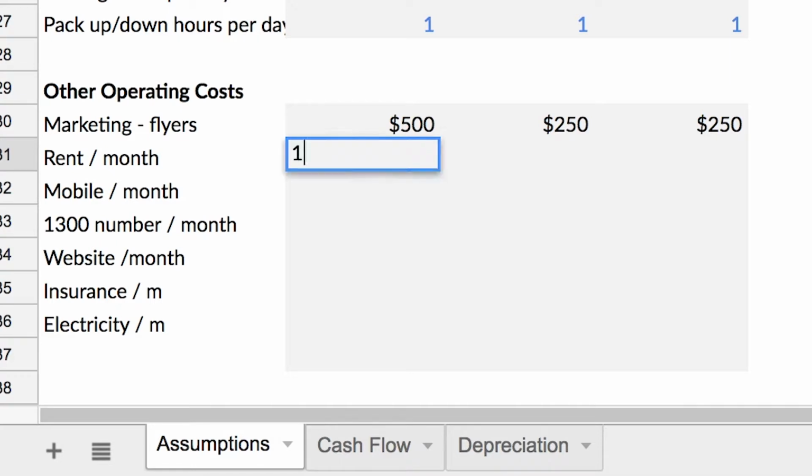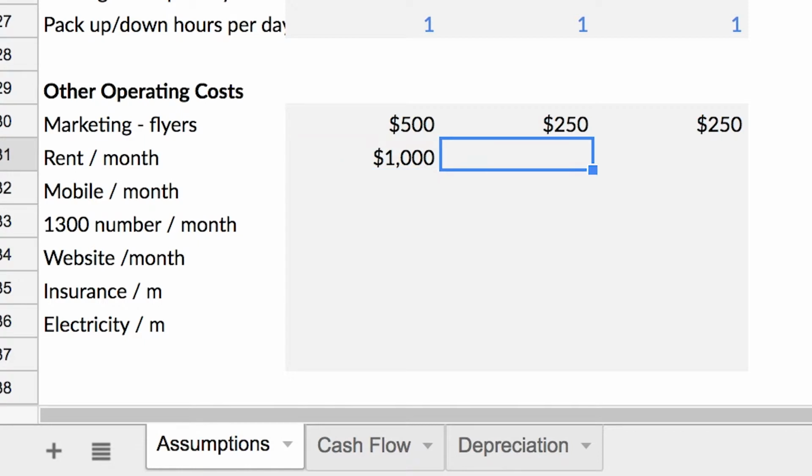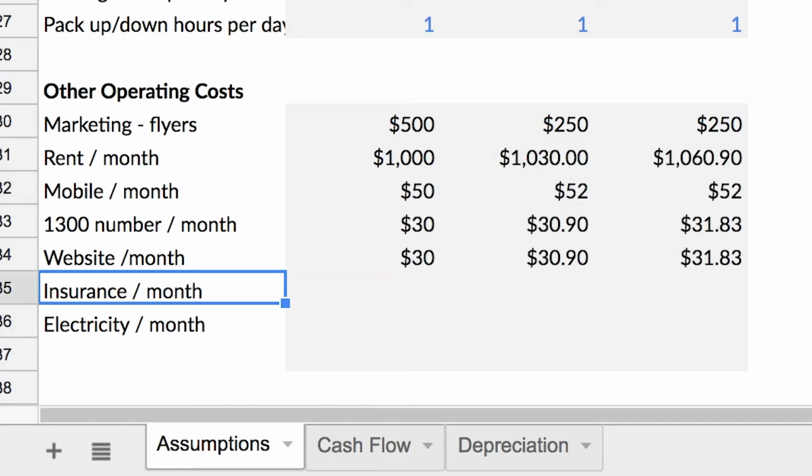For rent, let's say we've got monthly rent of $1,000, but we know that it's probably fair to assume that the landlord's going to want to increase our rent, at least on an annual basis. So let's assume he does it by 3%. Be lucky if he does it by 3%. And now we've come to insurance. And the insurance quote I've got is actually not a monthly cost.